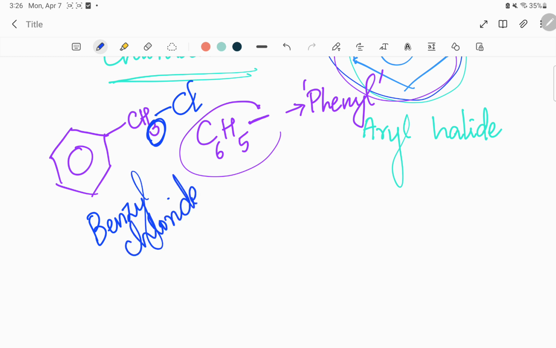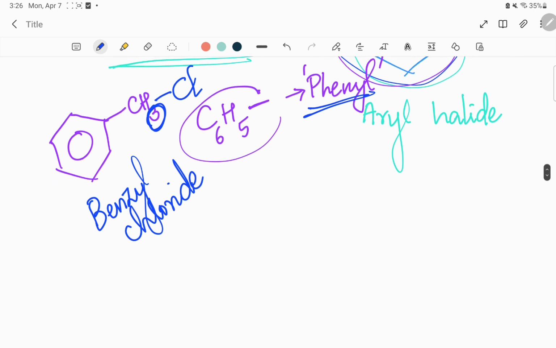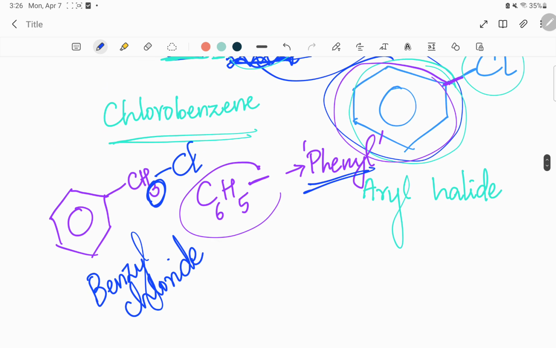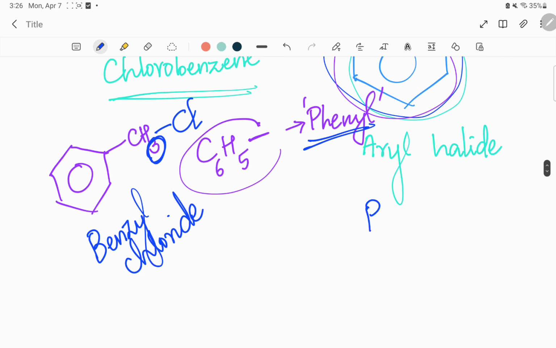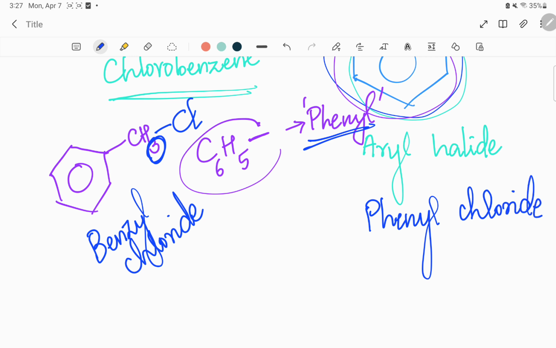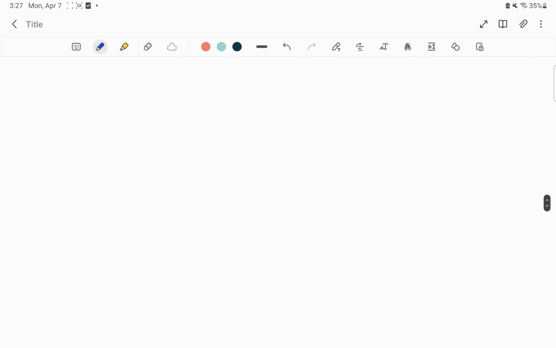So benzyl refers to toluene with one free valency, whereas phenyl refers to benzene with one free valency. So here if you want to name chlorobenzene according to trivial nomenclature, the name will be phenyl chloride. So this is the nomenclature rule for haloalkanes and haloarenes.